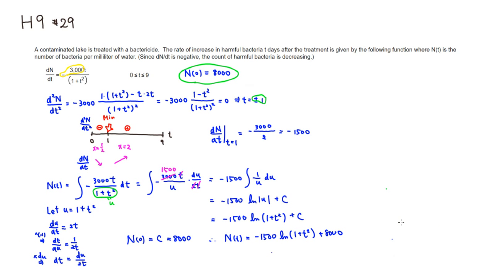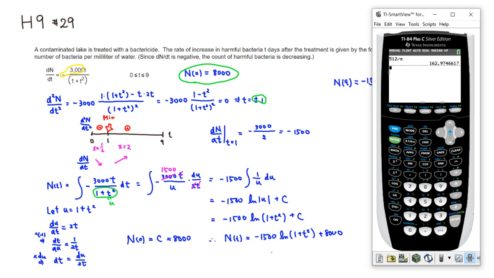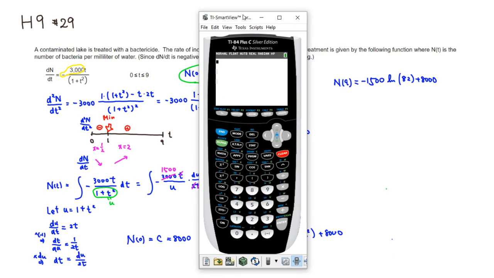So let's do that. We just need to find n of 9, which is negative 1500 natural log of 1 plus 9 squared. So 9 squared would be 81, so it's 82, plus 8000. Let's pull out the calculator, and I'm going to move it so that I can see what I have here.